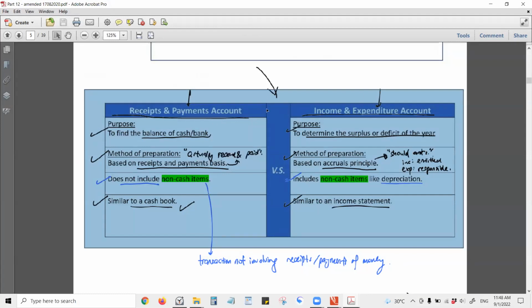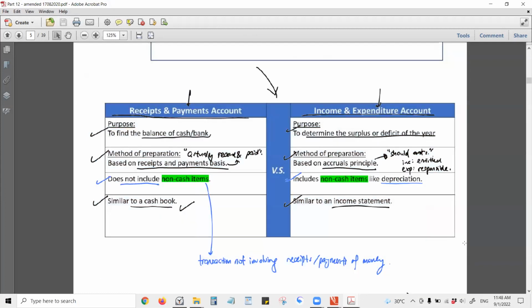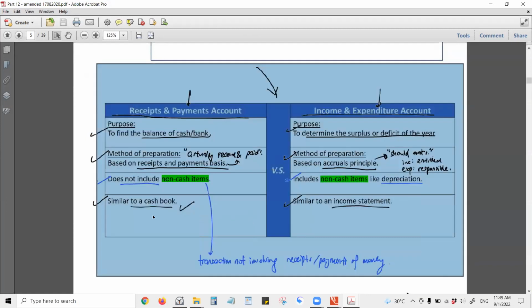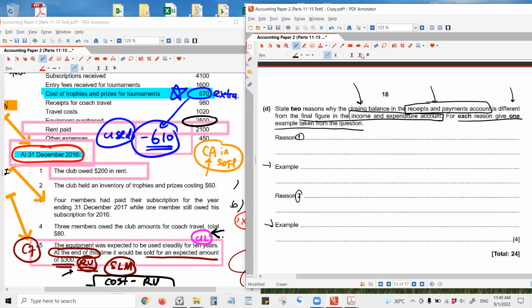We can talk about this one. Similar to a cash book, similar to an income statement. The question asks why the closing balance in both of them is different, right?